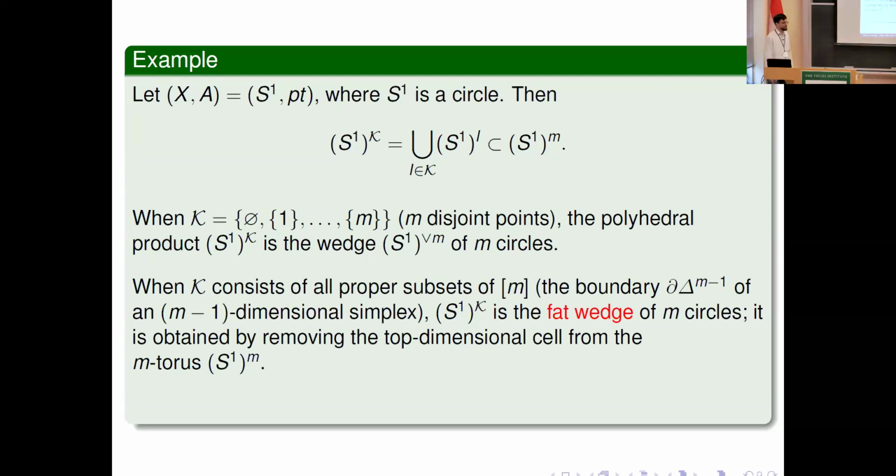When K consists of all proper subsets of [m], the boundary of an (m-1)-dimensional simplex, (S^1)^K is the fat wedge of m circles. It is obtained by removing the top-dimensional cell from the m-torus.